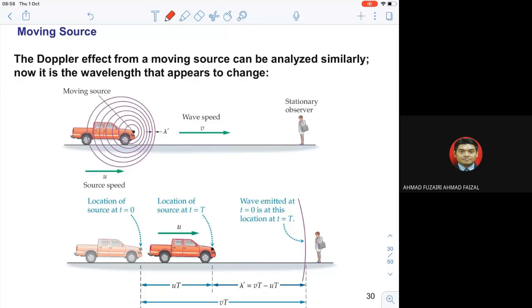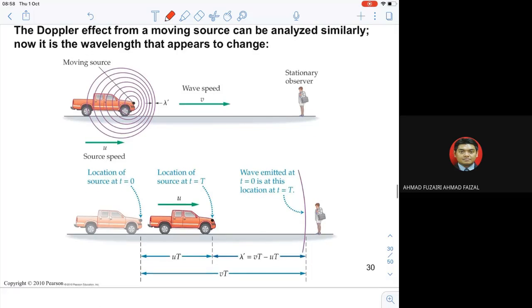Of course, in this situation the observer's frequency will definitely increase. The observer will hear an increase in frequency, a louder sound. If the source is moving away, of course the frequency will decrease.